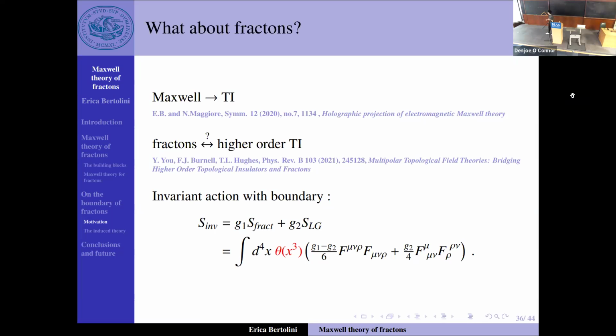It appears that edge states of fracton models are related to edge states of some kind of higher order topological insulators. For instance, in this paper they try to do this kind of matching and find some relations. So these are the motivations for studying the boundary of fractons, and in particular the covariant theory we found before, so we can apply the QFT tools.